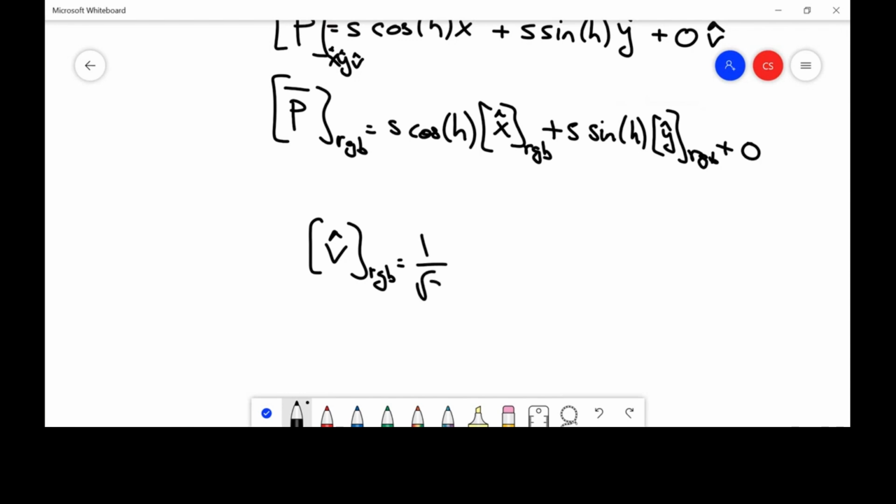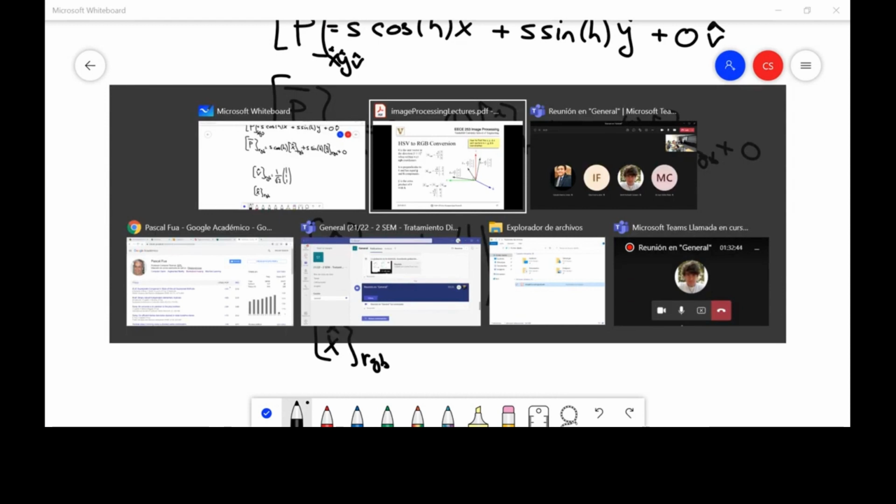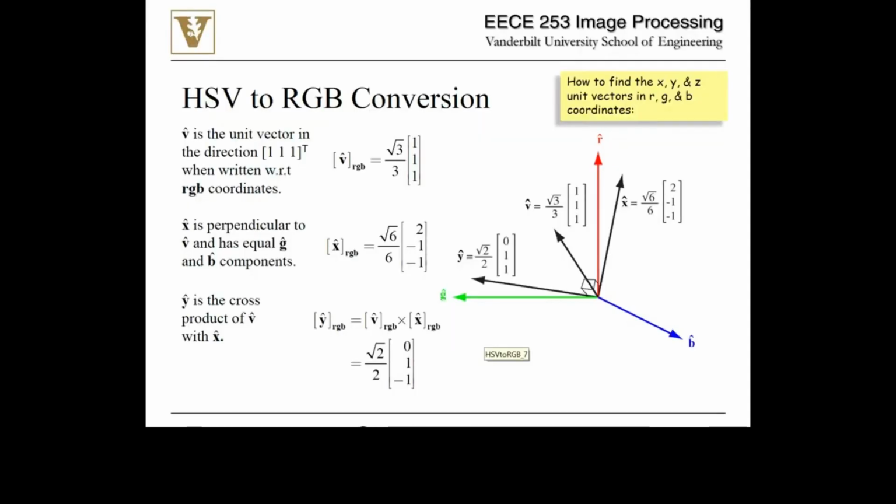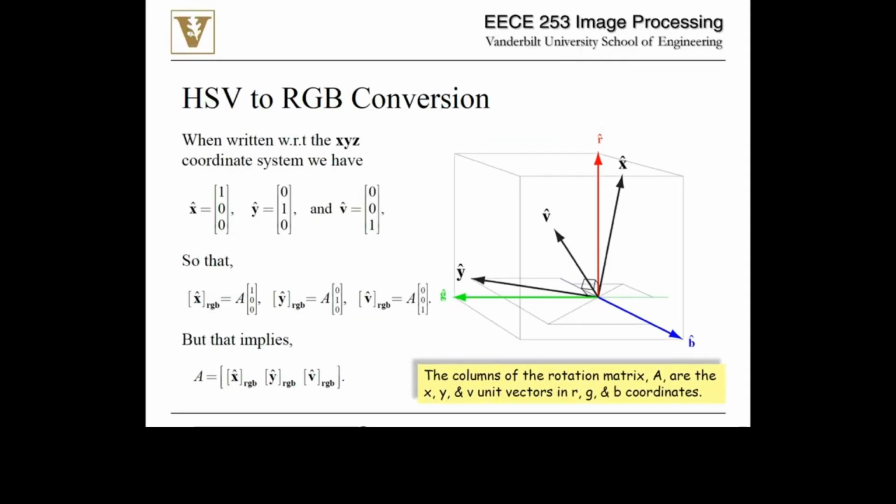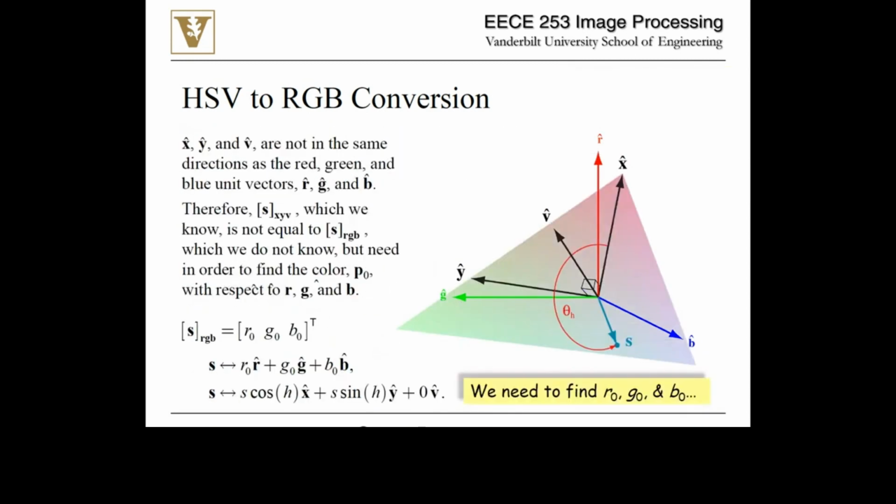I think it is easier to understand like this. Now, what about X? X in the RGB. We are trying to represent this vector, X, that goes from the gray to the most red point.